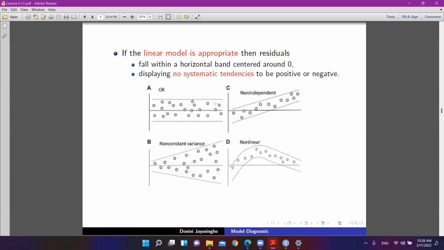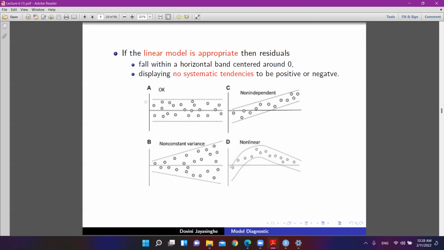If we are getting a plot like this, always just think this is the residuals versus X plot. If we are getting a plot like plot A, then it is okay. The model is linear and the residuals are centered around 0. They are scattered around 0. So we can say that average error is 0, but still we cannot say it's normal or not, so we have to go for other plots as well.